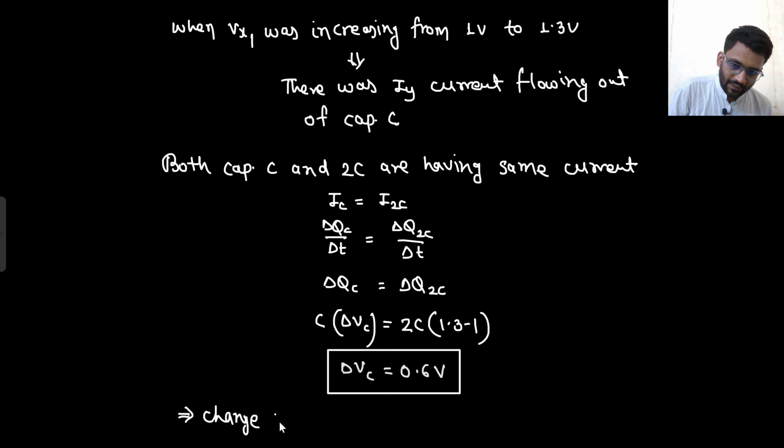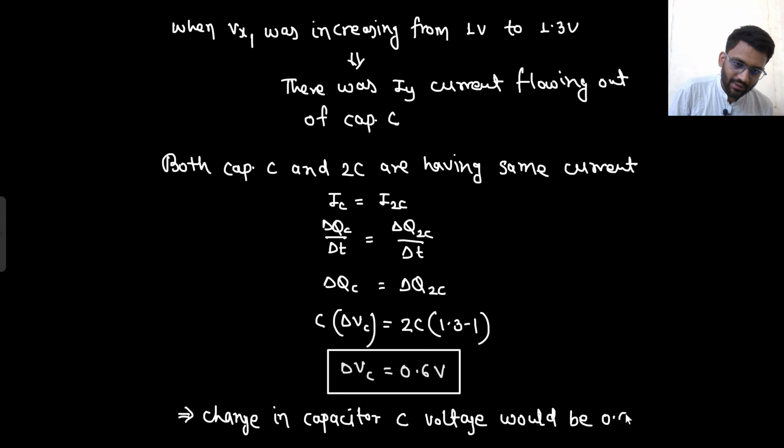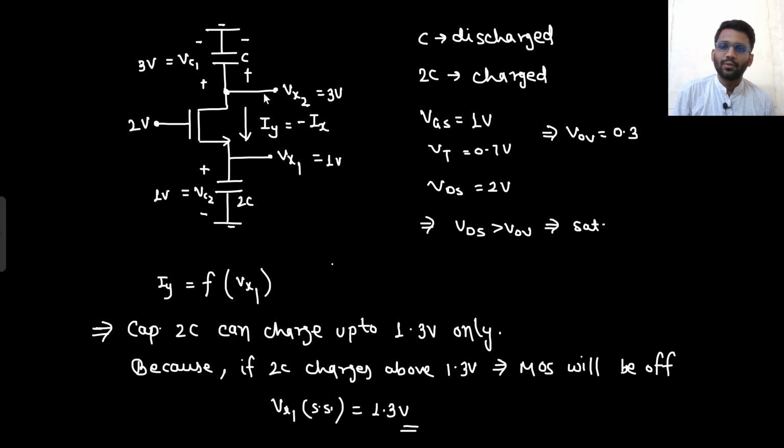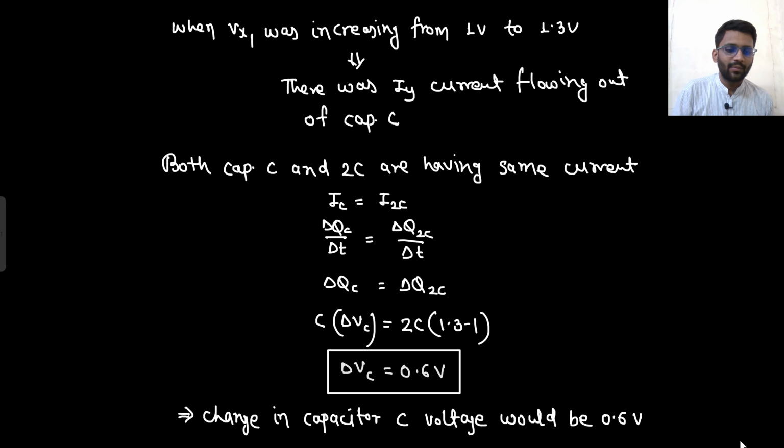Change in capacitor C voltage would be 0.6 volt. So Vx2 will go from 3 to 2.4.